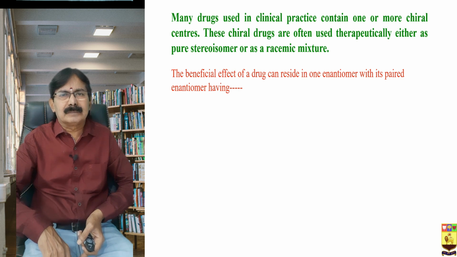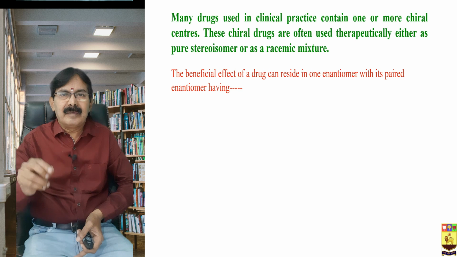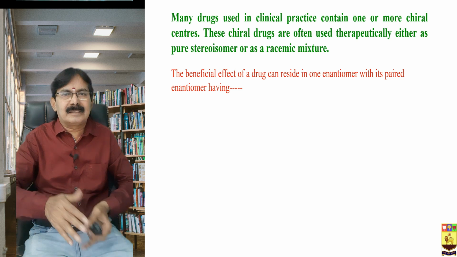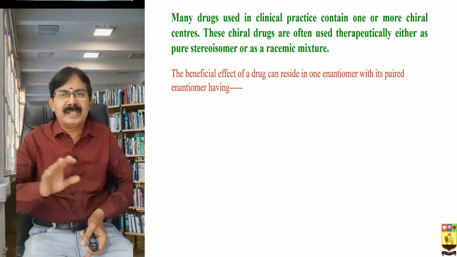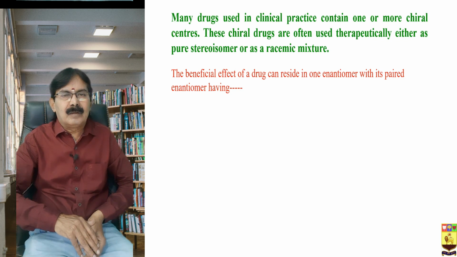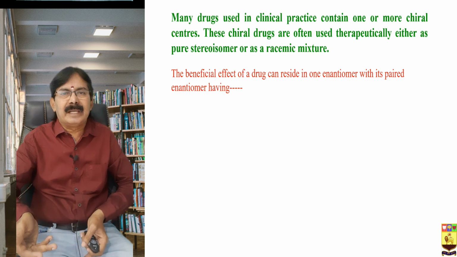Are you following my point? See, the beneficial effect of a drug can reside in one enantiomer, with its paired enantiomer, comparing R and S, having no activity. That means one isomer is active and another isomer is inactive.